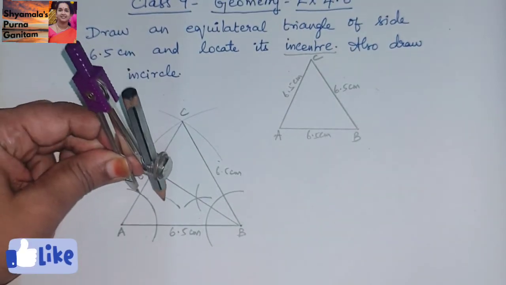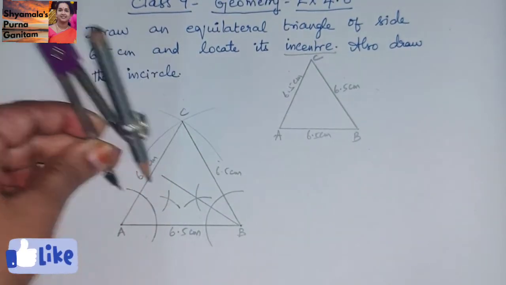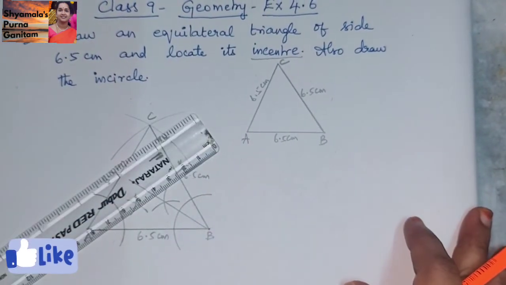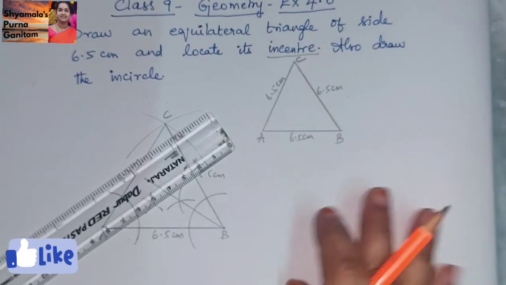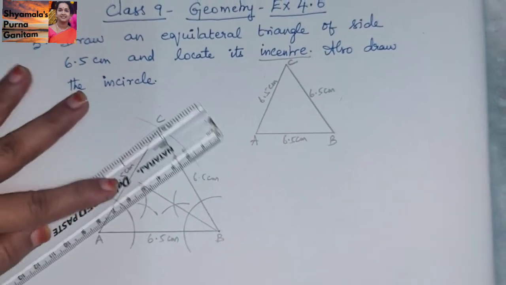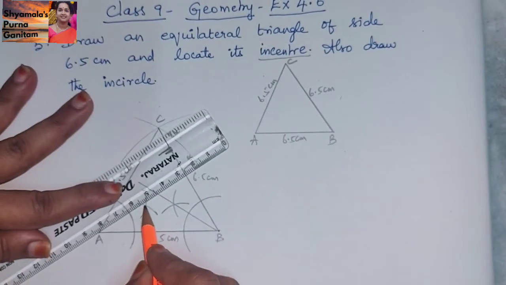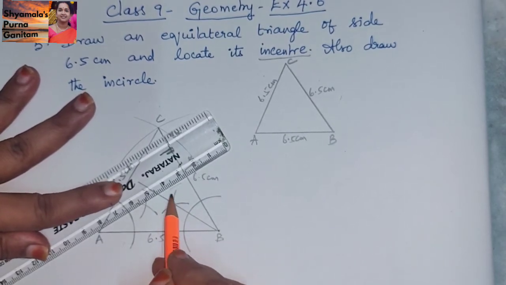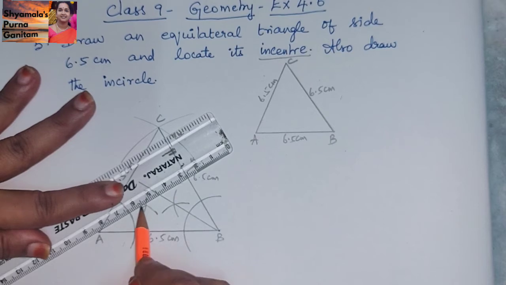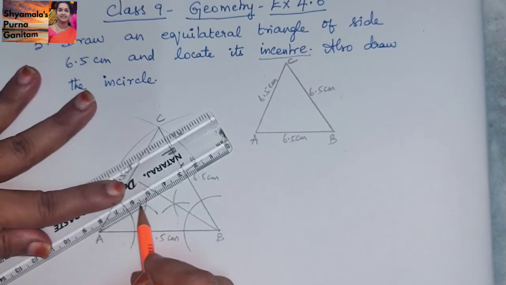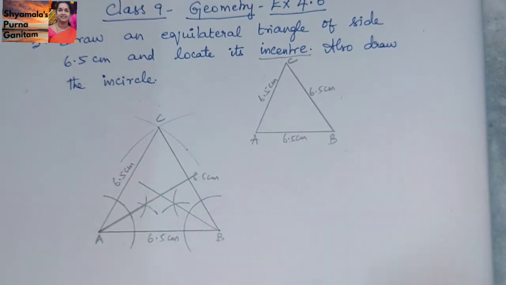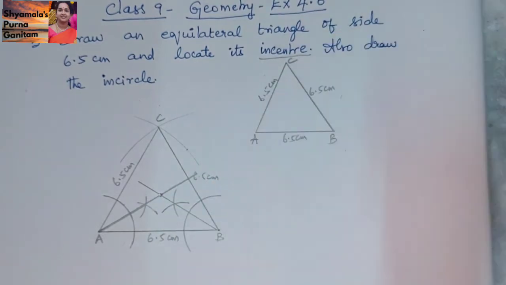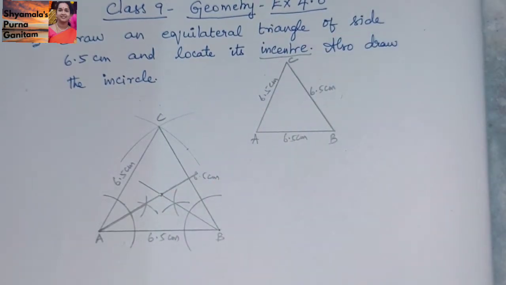Then with the other point, with the same measurement, I will cut the previous arc. So I got an angle bisector for A. The point where both the angle bisectors meet, I will get a point there.